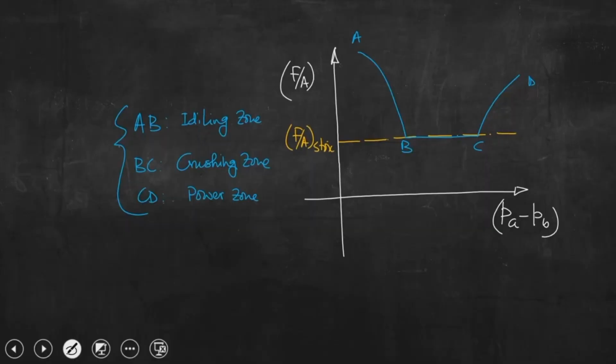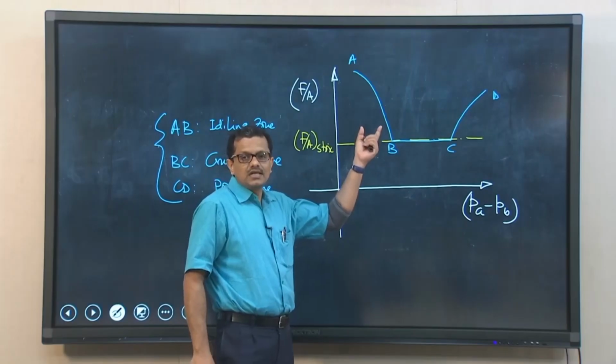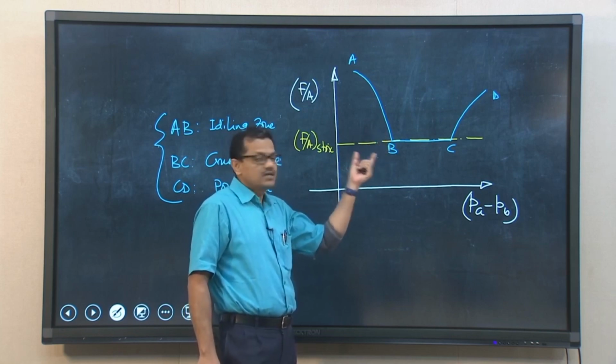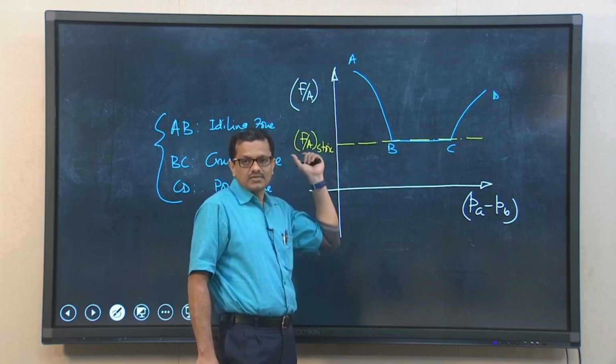Now, this is the fuel air ratio that is needed by an engine for its operation during three distinct regimes.